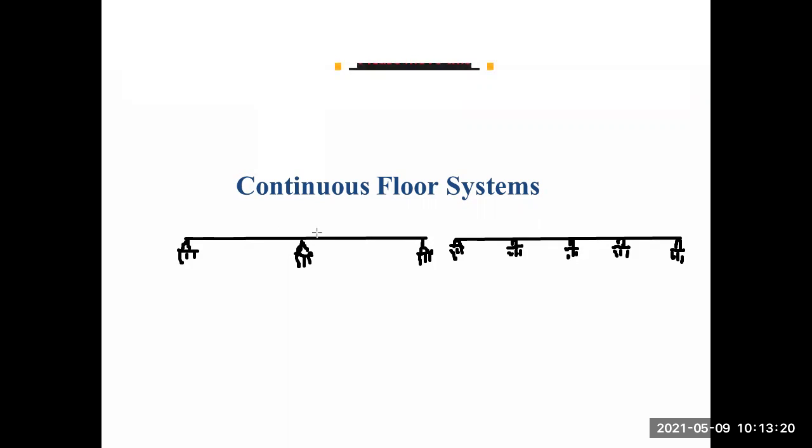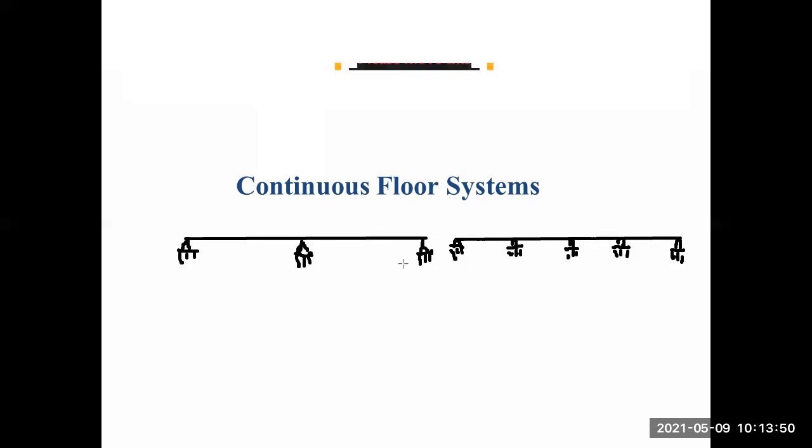As I said, the difference between the systems that we've been analyzing and designing is that this system is indeterminate. That means we cannot determine the shear force or the bending moment using equilibrium equations, because they are indeterminate.